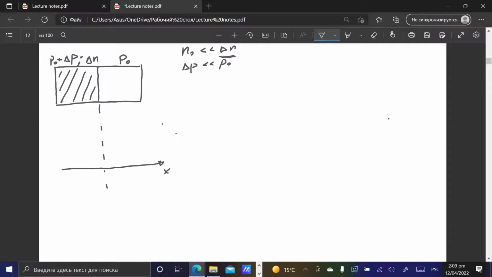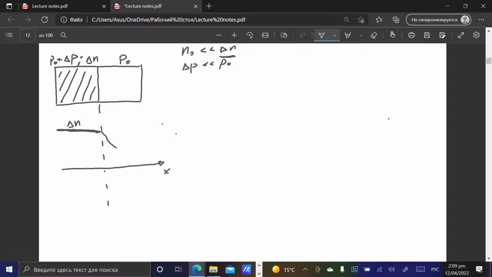So let us consider a uniform concentration of these electrons, delta n, in the illuminated area of the sample, because we consider that it's uniformly distributed all over the thickness of the sample which is under illumination.